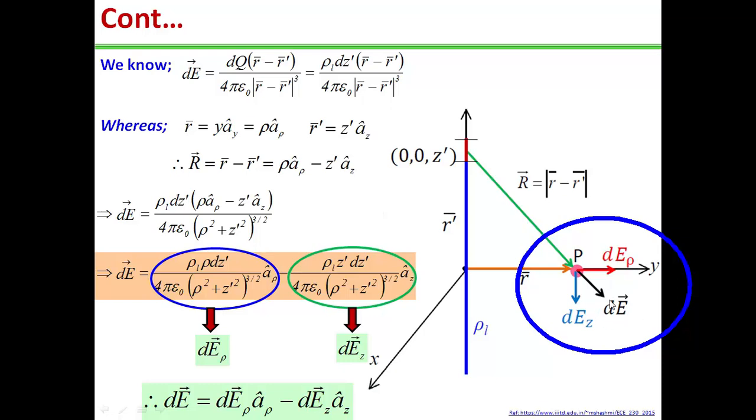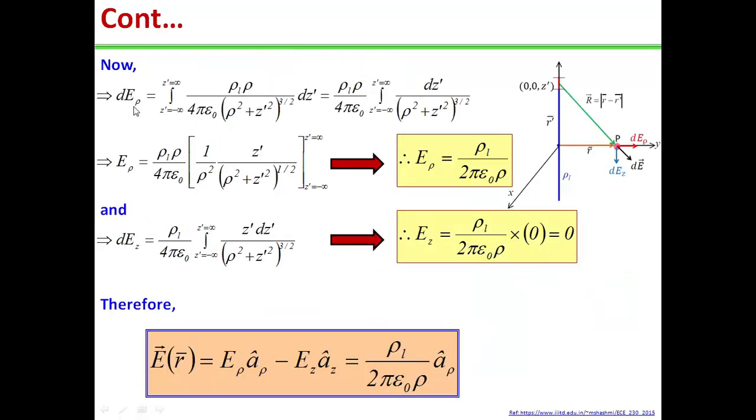So it can be written as dE is equal to dE rho a rho minus dEz az, where dE rho is the electric field component along the rho direction, whereas dEz is the electric field component along the z direction. After solving these two components, putting in the value of the incremental electric field, we will find the total electric field.